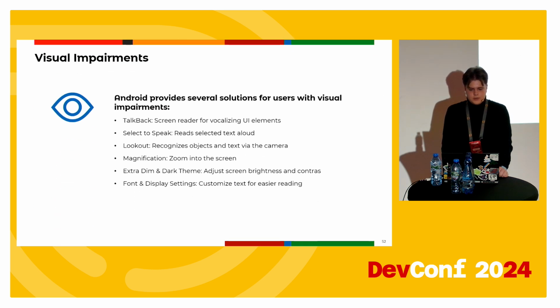Android provides several solutions for users with visual impairments. For example, TalkBack, a screen reader that vocalizes UI elements, including text, icons, actions, and alert sounds. Select to Speak, Lookout, which uses the device camera and recognizes objects and text in the environment, and some others.